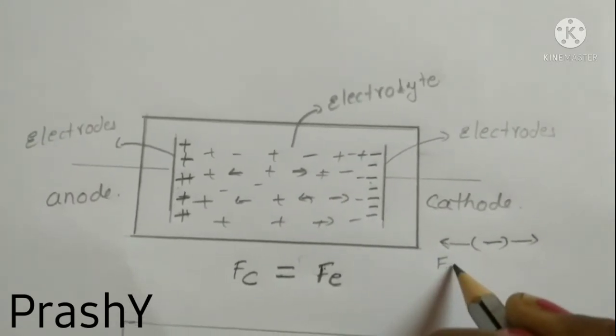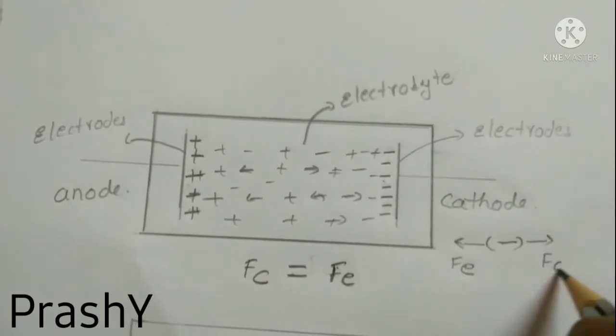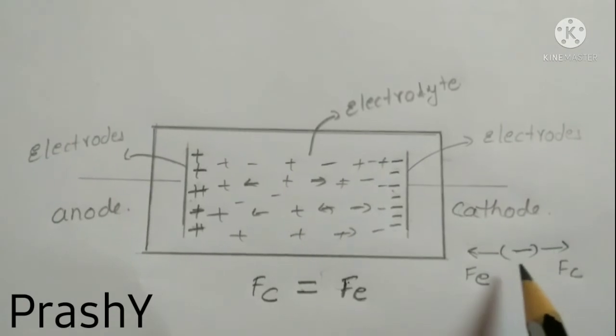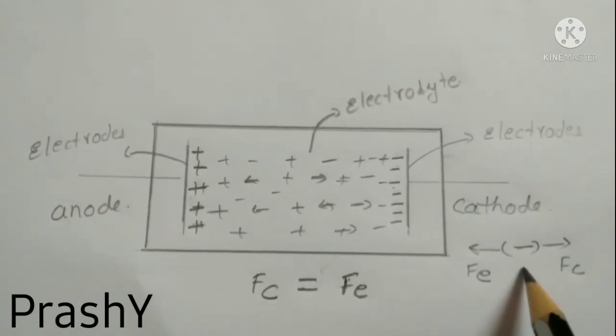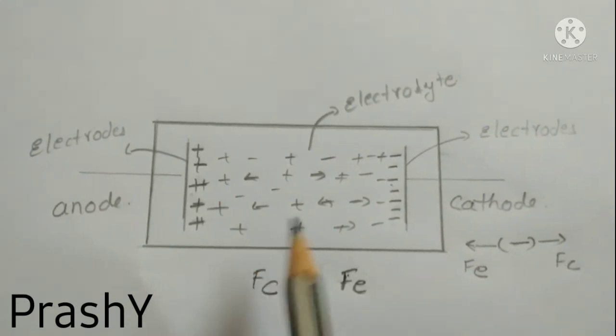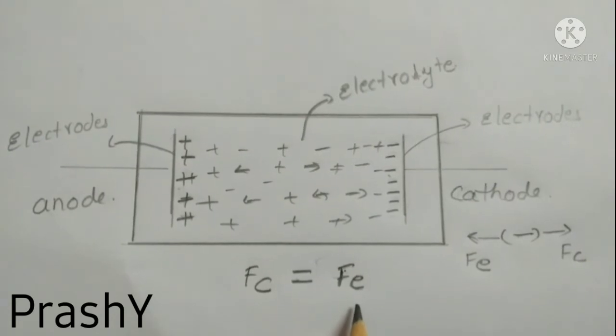That is Fc in one direction and Fe in another direction. They both act on the ion, and so the ion does not move. This stage we call the equilibrium state. At this stage, Fc is equal to Fe.